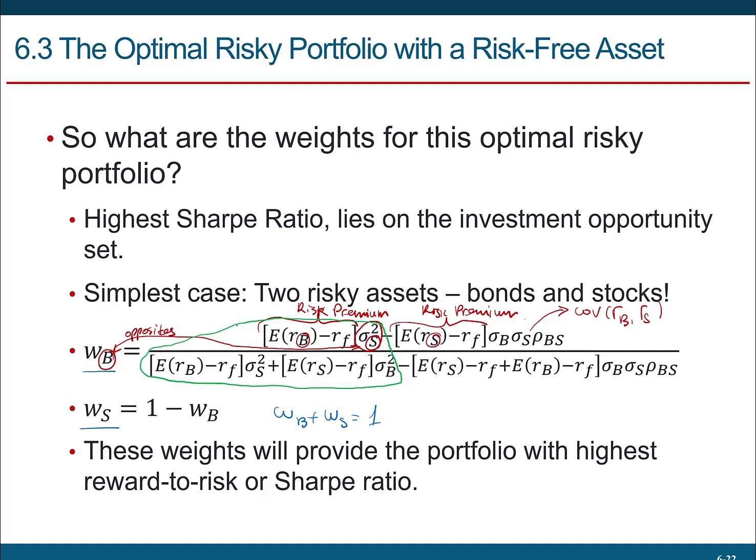The term on the top is repeated at the bottom. So it's, again, a risk premium by the variance. That risk premium for B, variance for S, plus another risk premium, but not for the bonds, but for the stocks. So you're going to have to switch. Risk premium, I'm going to put PR for premium, PR S by the variance of B.